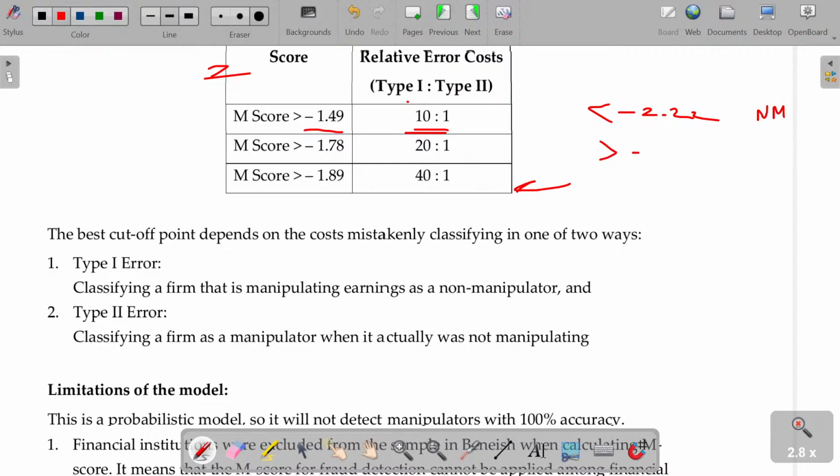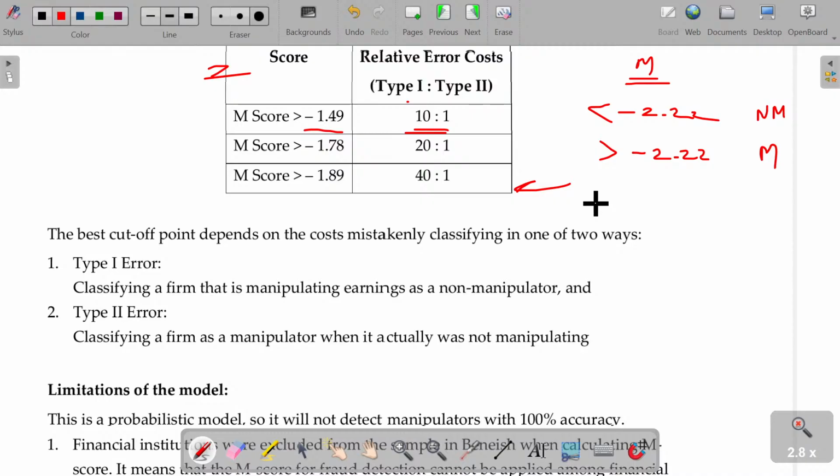If the value is more than minus 2.22, then it is a manipulator. As per the Beneish M-score, the value what you get is less than or equal to minus 2.22. We may assume this is the non-manipulator. They are not cheated. If the value is more than minus 2.22, it may be considered as manipulator. Is that clear? Manipulator, non-manipulator. Clear?